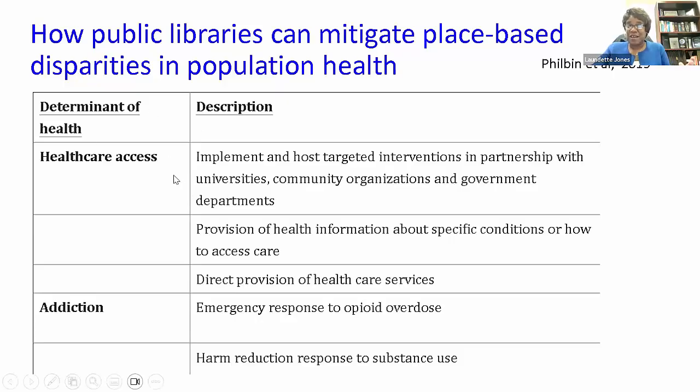Well, some hosted and implemented targeted interventions right within their libraries, most recently for COVID-19. Some even had addiction services. Some are working on the response to opioid overdose and harm reduction.